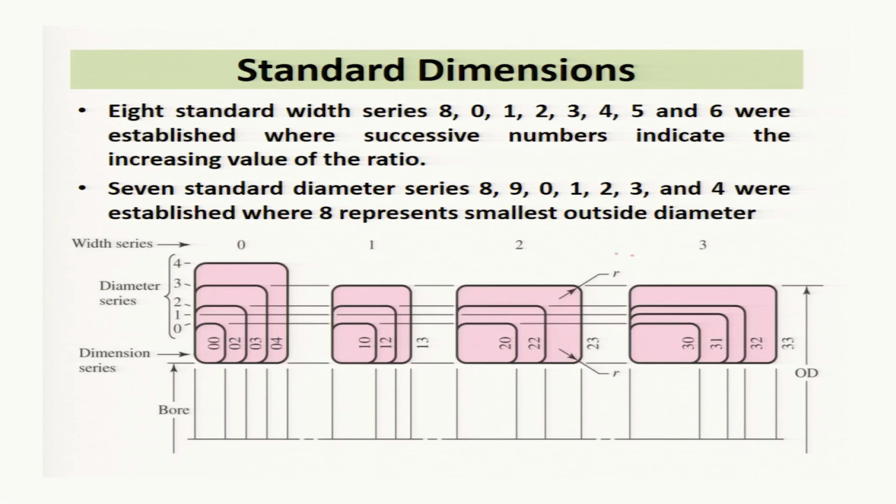Now, if you see this figure, then you may see the different shapes of the bearing depending on the width series and the diameter series. Along this, the width series is given like 0, 1, 2, 3, and along this the diameter series is given, and bore is this one.